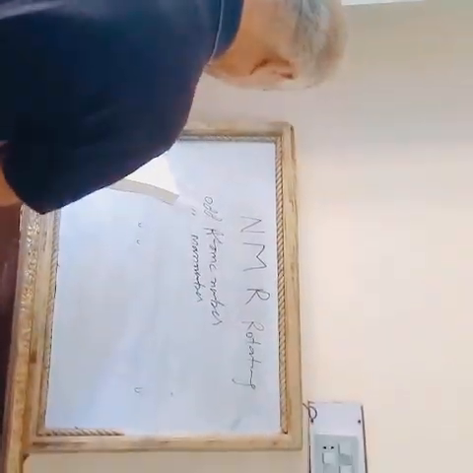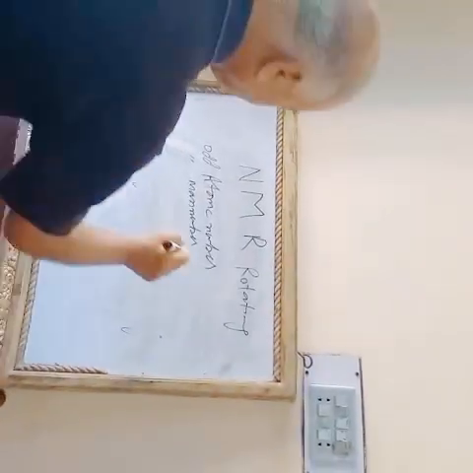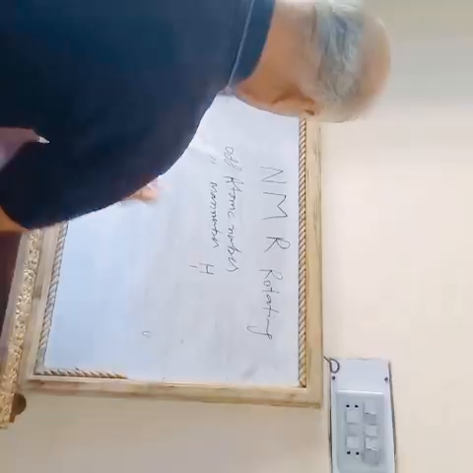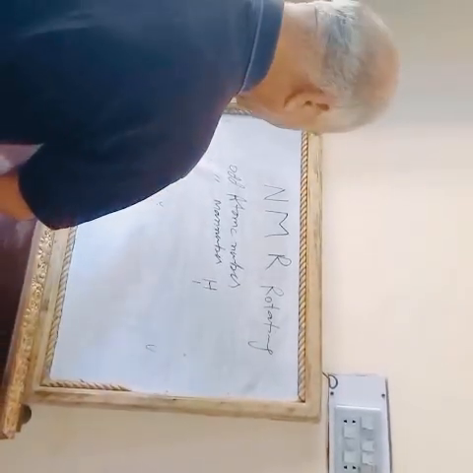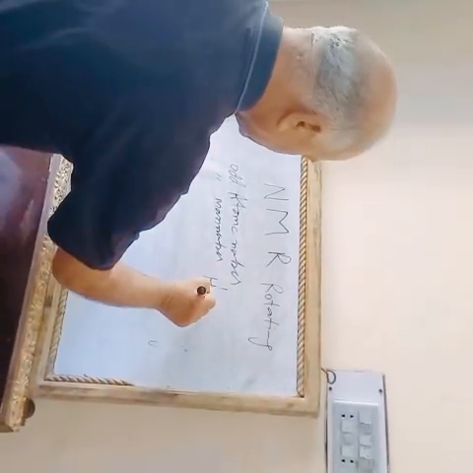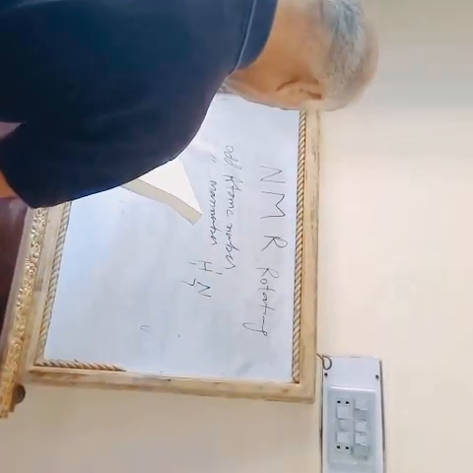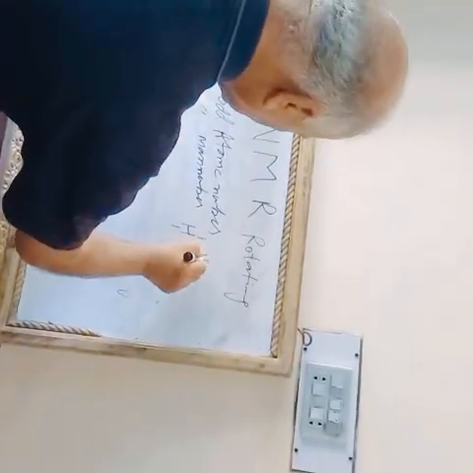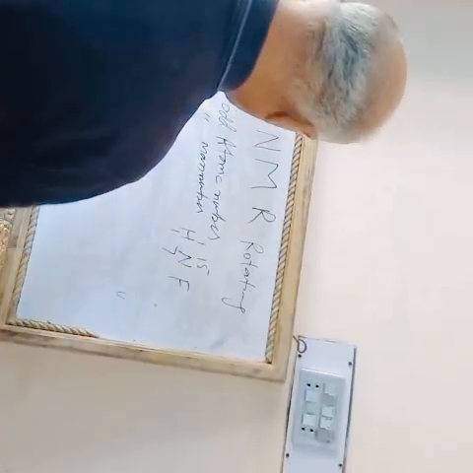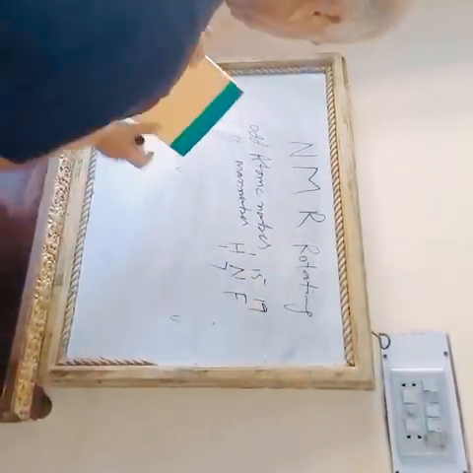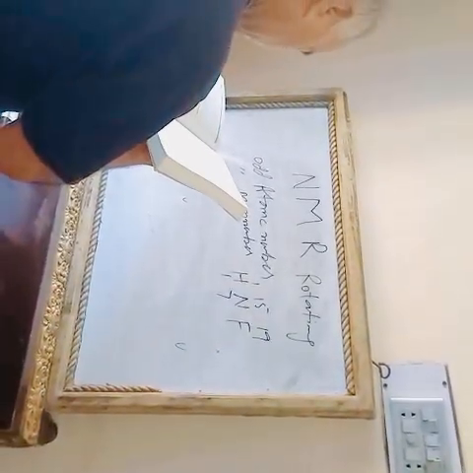These are hydrogen, nitrogen, fluorine 19 and 9.